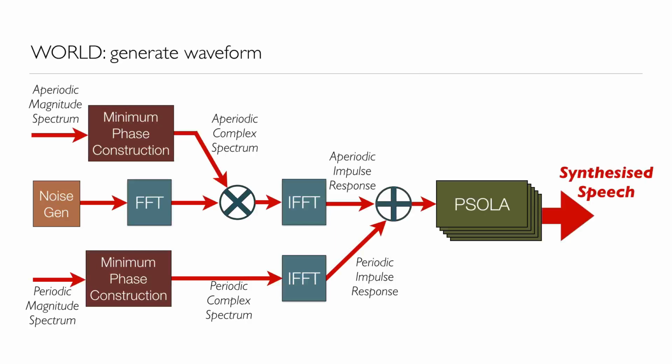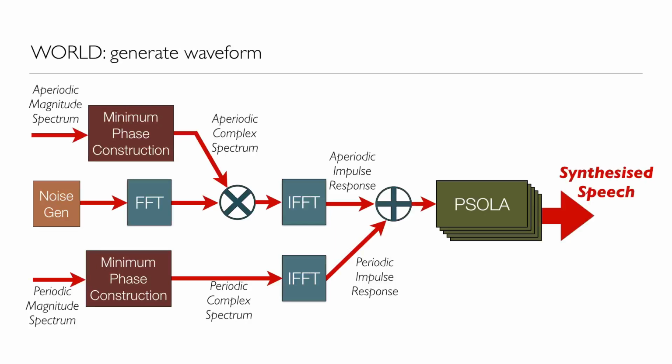So to add that, we just multiply the aperiodic spectrum with the spectrum of random noise, with just artificially generated random noise. And then after that, we go back to time domain by just IFFT in the aperiodic spectrum and the periodic spectrum, and then we just add the two impulse responses in time domain. We add these two. Okay.